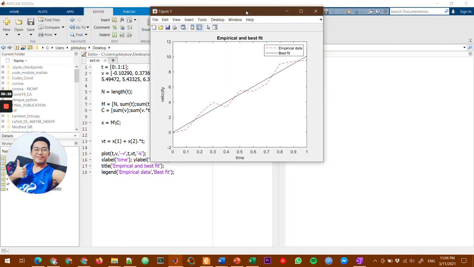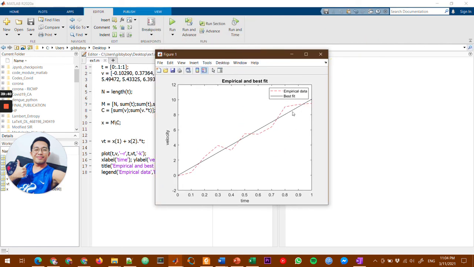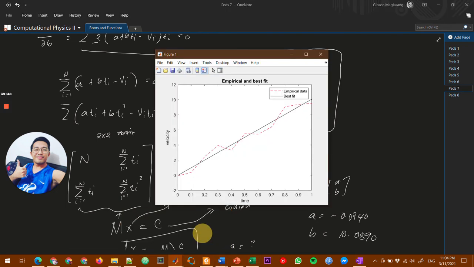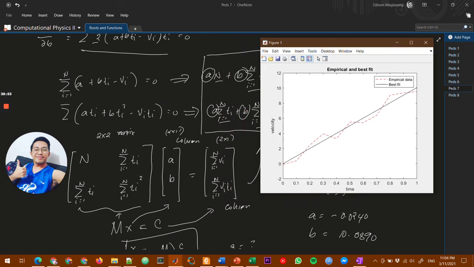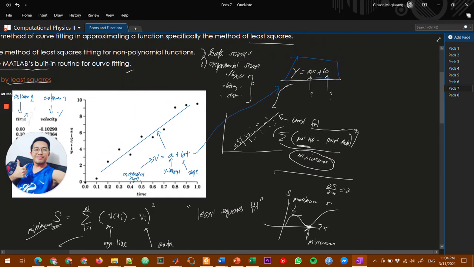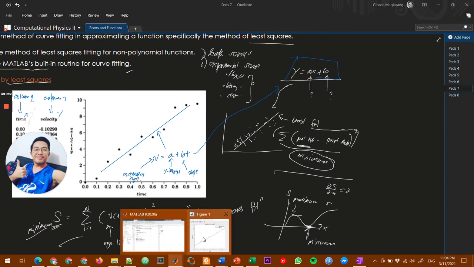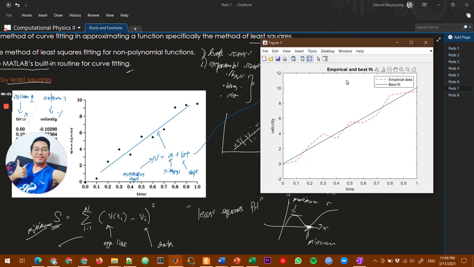Okay, so this is the result. So because of what we did, katong siyang the method of least squares, we were able to determine the graph, okay, the best fit. So na-determine na to ang iyang parameters A and B. We were able to determine the equation of the best fit, the equation of the line, and then we superimpose it with the existing data.